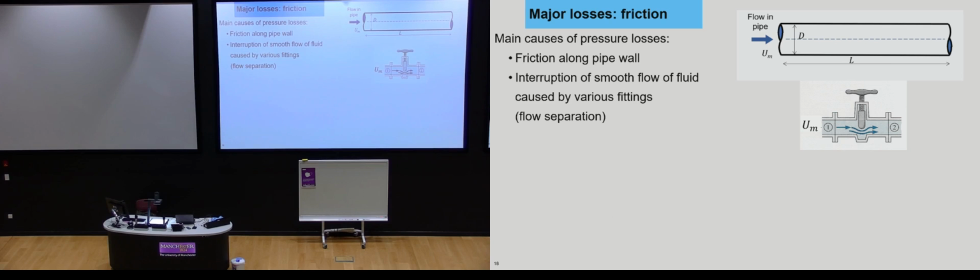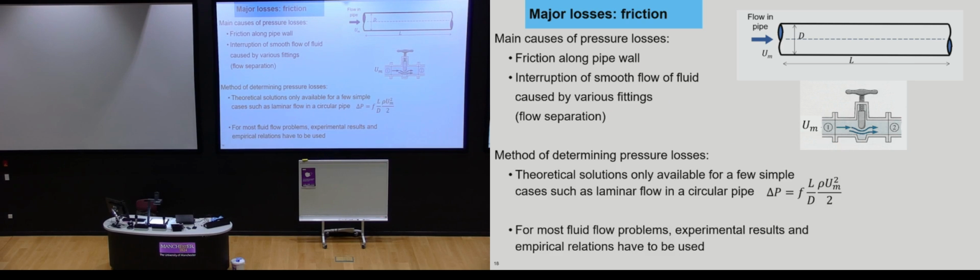So the major loss, especially when you've got maybe a long geometry or a long pipe, is going to be friction. That is going to be the major loss of energy. So you've got friction along the wall of the pipe. You might have the interruption of the smooth flow caused by a fitting like this. Of course, this gives flow separation and everything that we saw earlier.